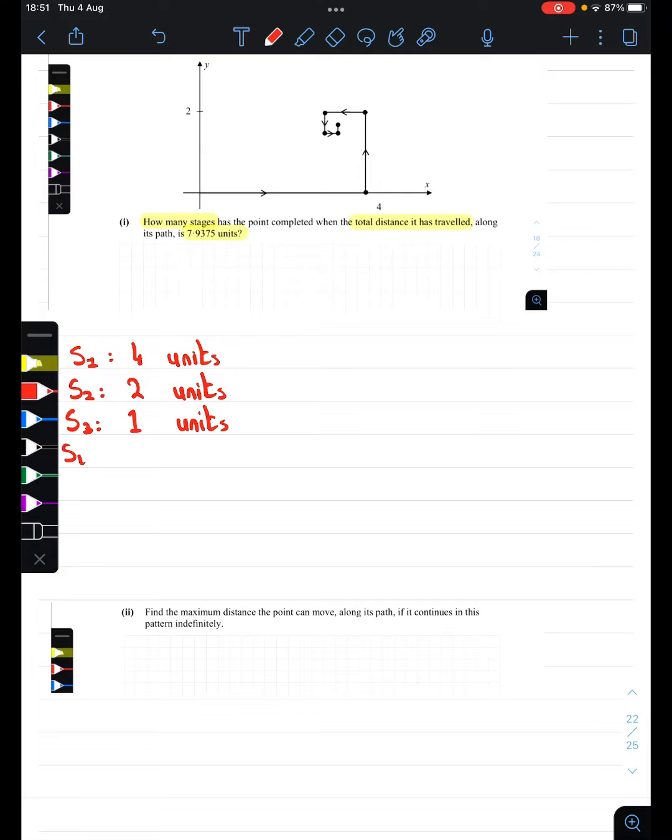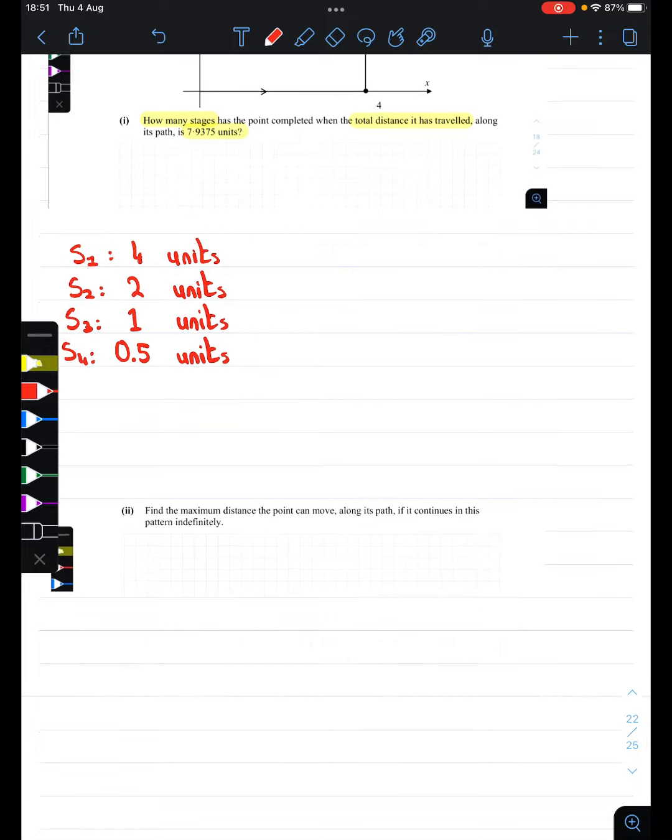In S4, half a unit, because the distance it's traveling is decreasing by half each time. Then 0.25 units, then 0.125 units.